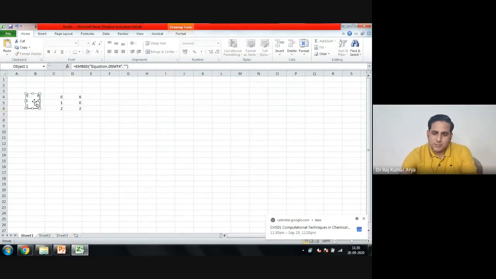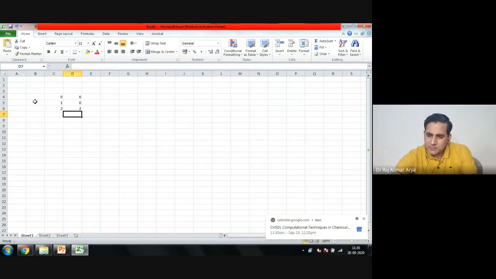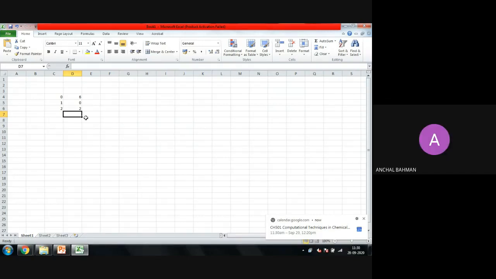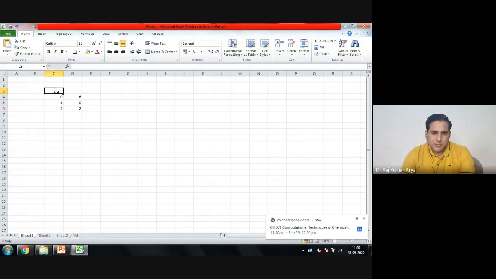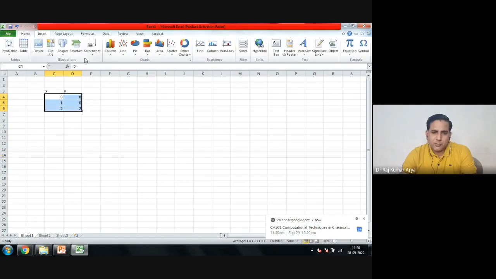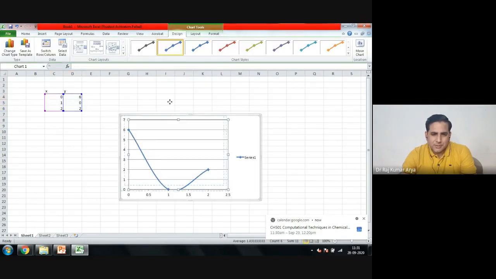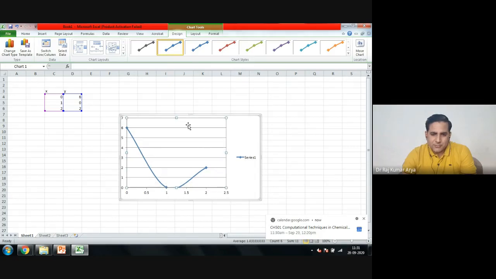These were your values of x and y, fine? So you can write there x and y and let's plot them. How would they look like? If you plot them, this is what your graph looks like.